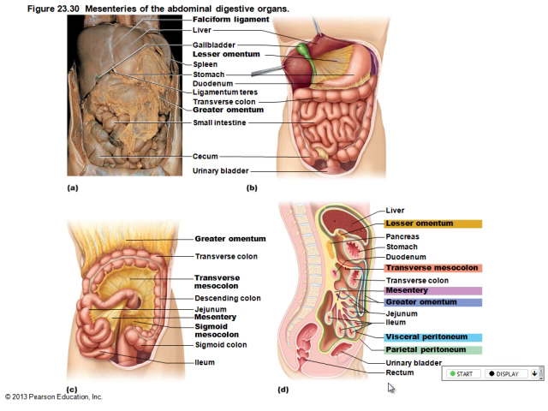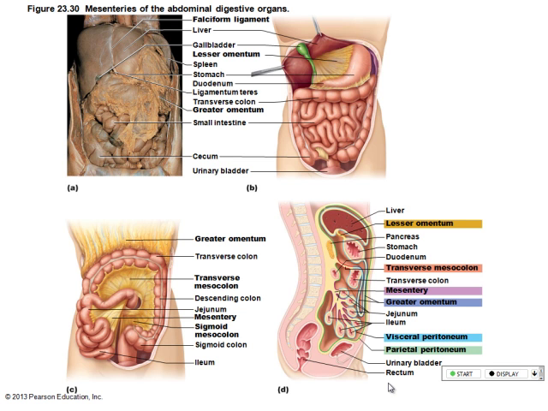This is a little diagram that shows us all of those wonderful organs in the abdominal pelvic cavity and how they hang out. Tons and tons of serous membranes to help hold everybody in place. The mesocolon and the mesentery are very important membranes that hold in the large and small intestine.